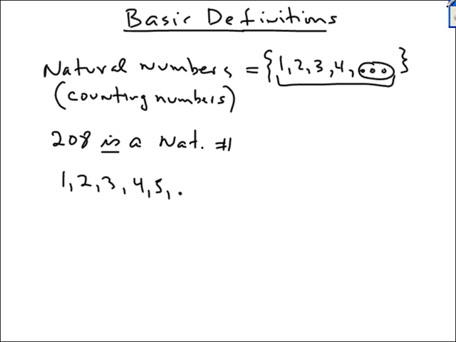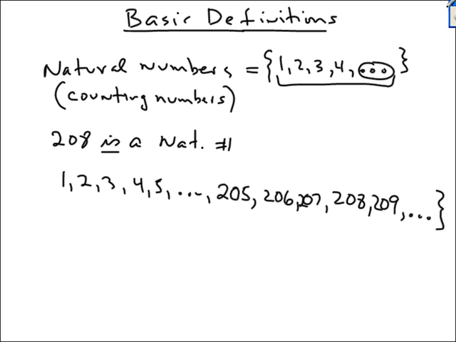And you go 6, and 7, and 8, and 9, and 10, and I come back a little while later, and there you are, 205, 206, 207, 208, 209, and so on. Eventually, you get up to 208. 208 is a counting number.